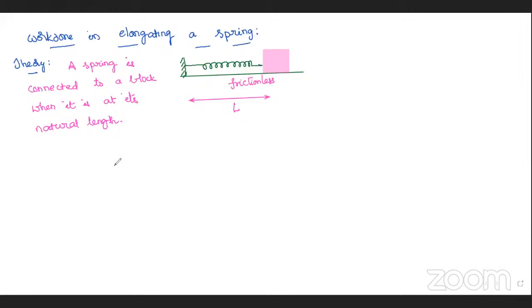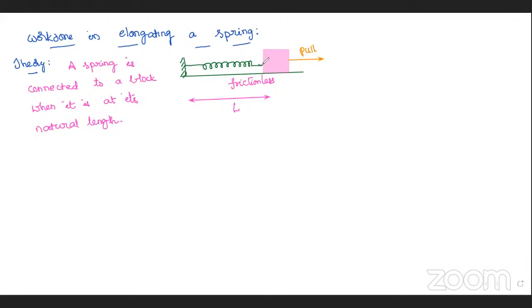Now what are you doing, sir? Simple. Suppose I apply some force on it. How, sir? Like this. If I try to pull using some force, what happens? The block tries to move towards the right. Why? Because there is no friction to oppose.